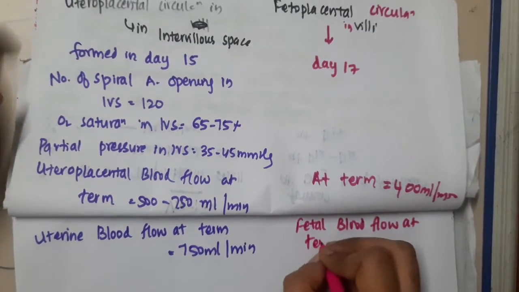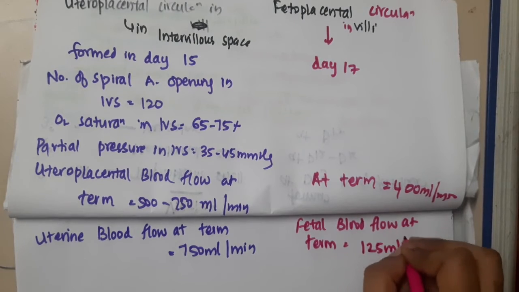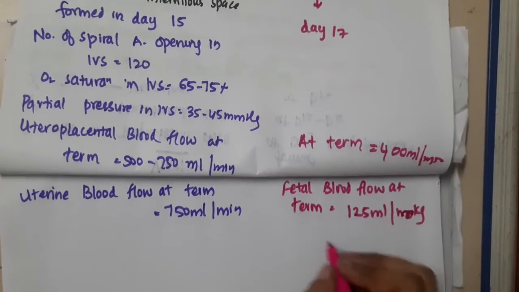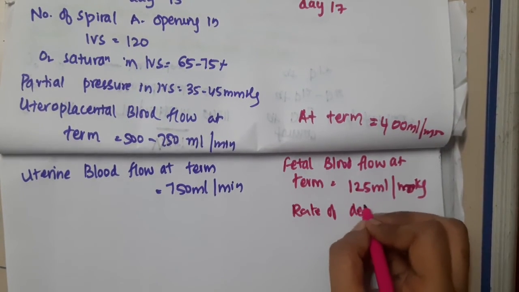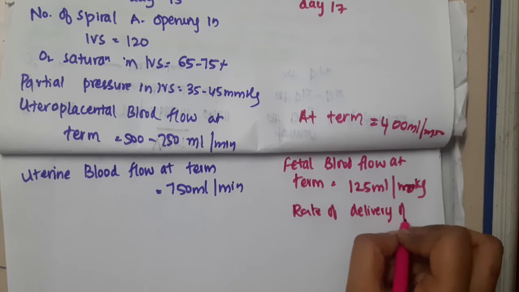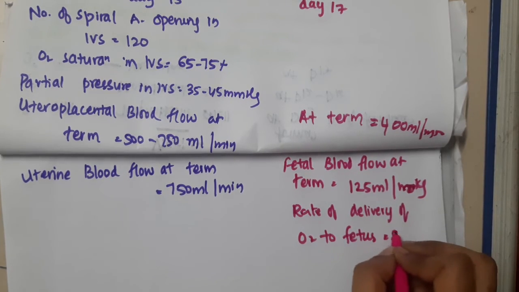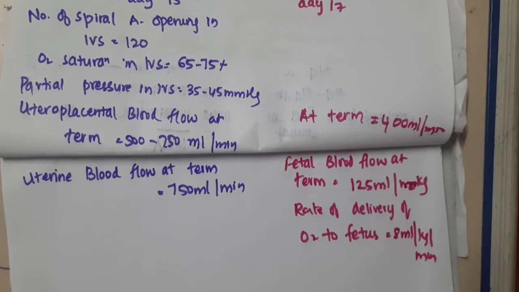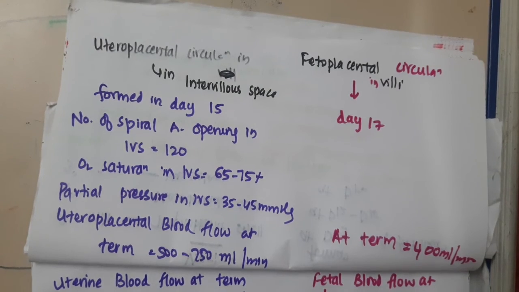Fetal blood flow at term is 125 ml per kg per minute. If you were asked the rate of delivery of oxygen to fetus, it is around 8 ml per kg per minute. So this is about uteroplacental and fetoplacental circulation. Thank you for watching.